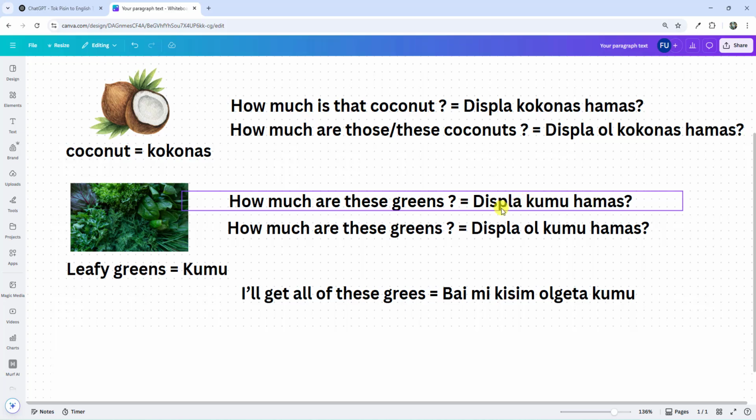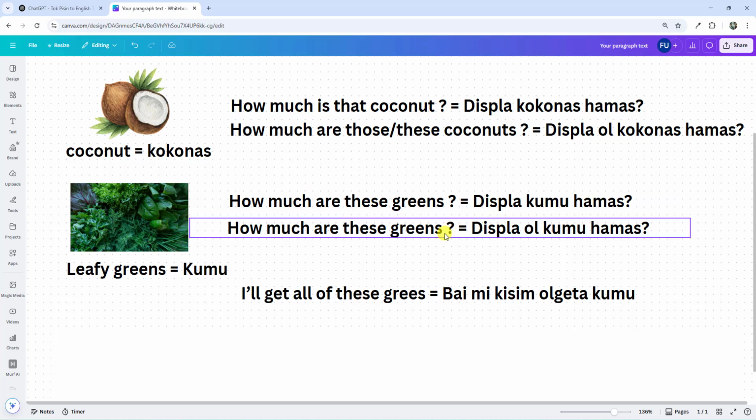For plural, if it's more than one bundle of greens, you can just add the all in there, like we learned with coconuts. Displa all Kumu hamas.